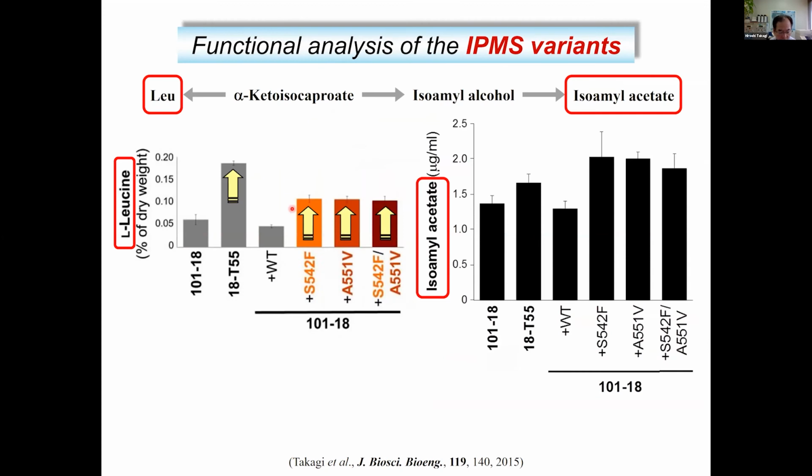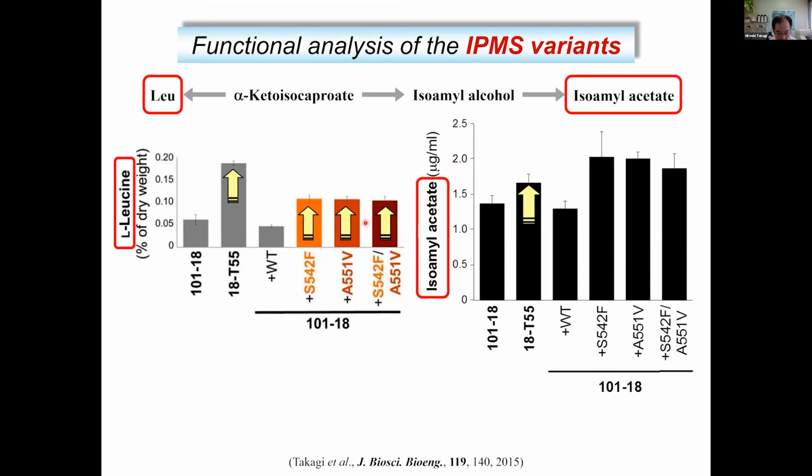We then cultured the yeast strains and measured the flavor contents from the volatile substances by gas chromatography and mass spectrometry. In this mutant, both leucine and isoamyl acetate contents were higher compared to the parent strain.